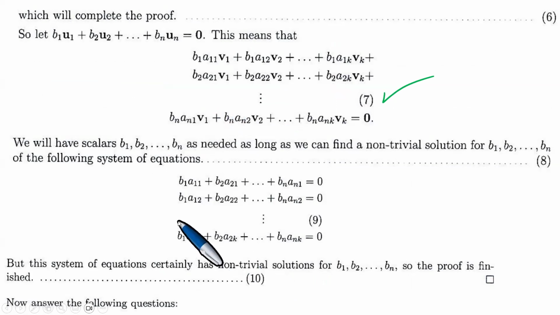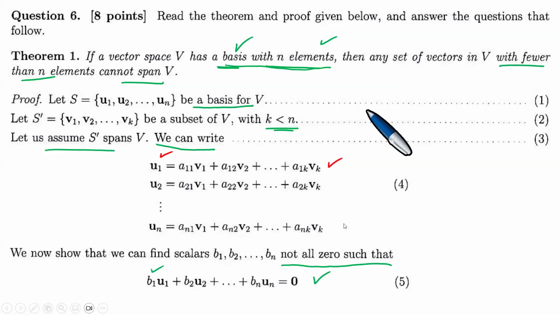So they're saying explain where this equation at 7 comes from. It comes from substitution. Substitution of all these equations 4 into what? Into this equation 5. So we substituted this U1 here, and then the U2 there, and so on and so forth. So it comes from the substitutions.